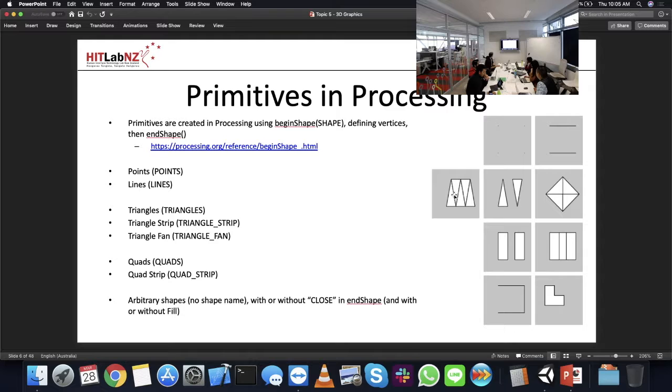Then we looked at some two-dimensional objects, so we looked at triangles. This is a little bit confusing the way this is laid out, sorry. This is triangles, then we have a triangle strip. For triangles, we take every 3 points and make a triangle out of them.